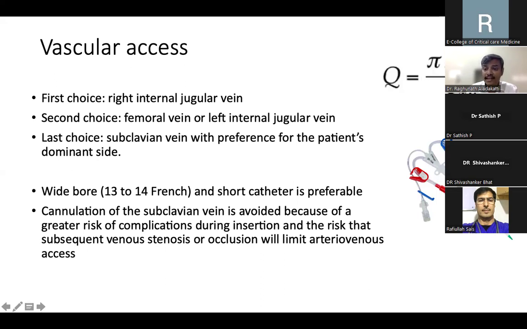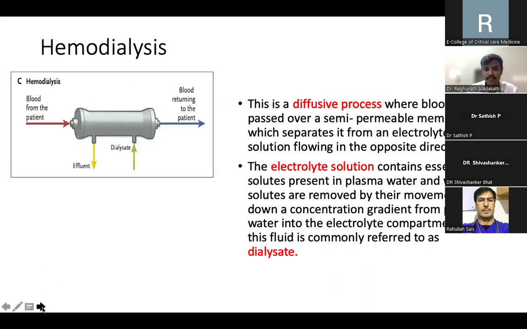And if you see here, the more the length, the more the flow will be reduced. So you have to use short and stout, wide bore cannulas for resuscitation. Same principle is used here. We have to use short and wide bore cannulas while putting in vascular access.